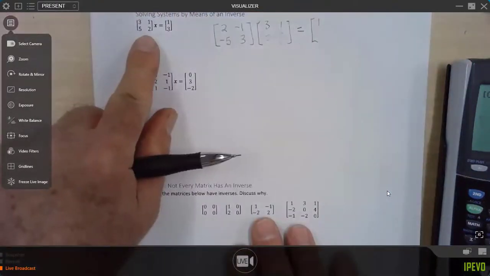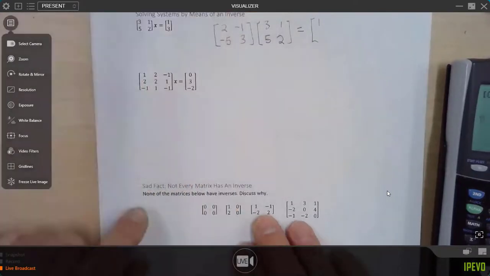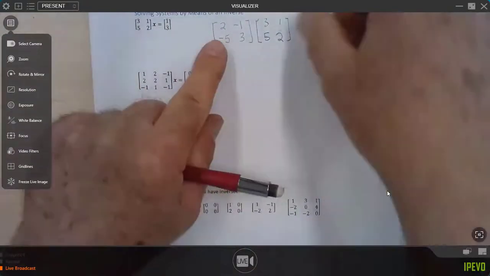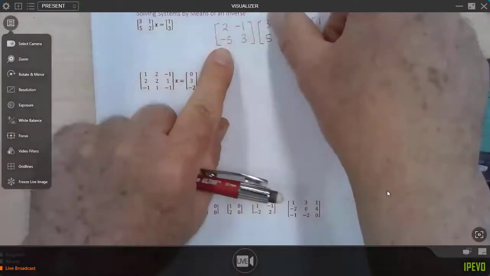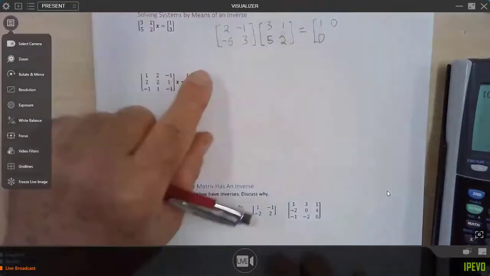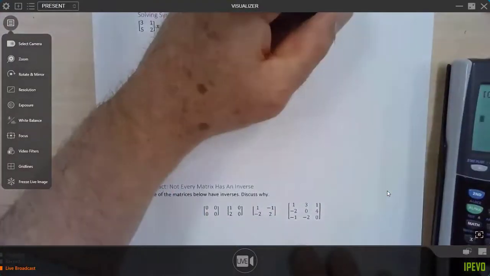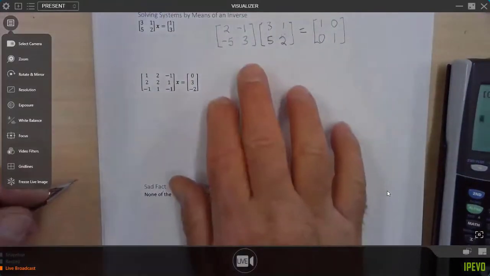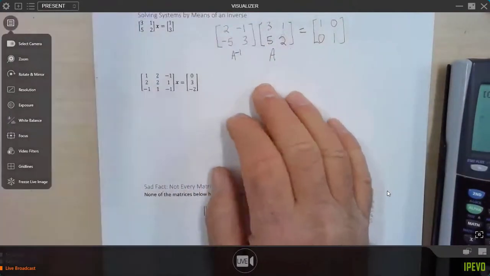This is 5, 2, and I wrote 2, 5. Okay, one more time. 6 minus 5 is 1. Good. 2 minus 2 is 0. 15 minus 15 is 0. And minus 5 plus 6 is 1. It worked. So if we call this one A, then this one would be A inverse.